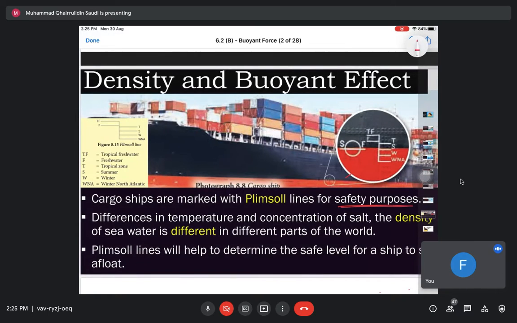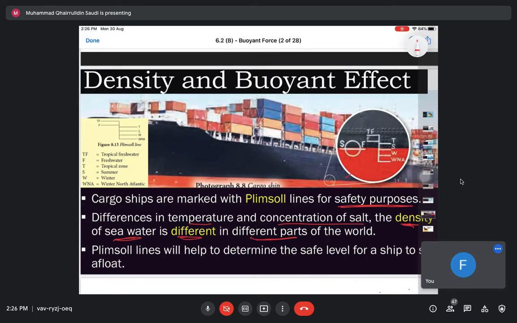Differences in temperature and concentration of salt mean the density of seawater is different in different parts of the world. Because the density of seawater is different, contoh dekat Malaysia, let's say this cargo ship berlayar dekat atas laut di Malaysia. Disebabkan density of seawater in Malaysia is higher, the cargo ship akan float lebih tinggi.